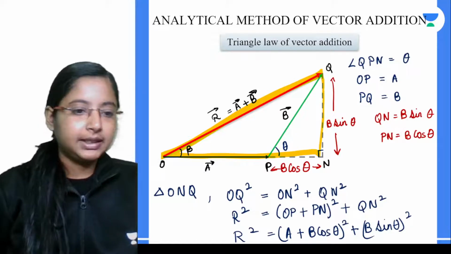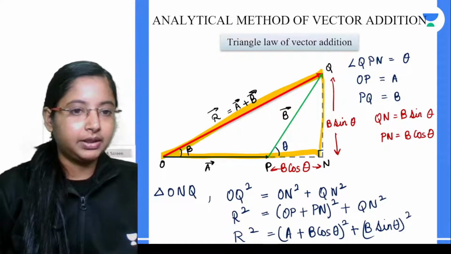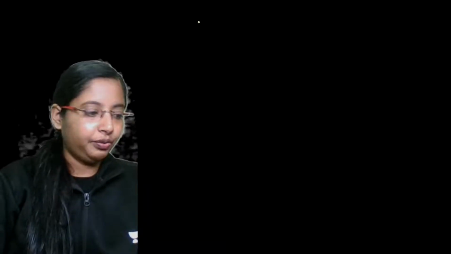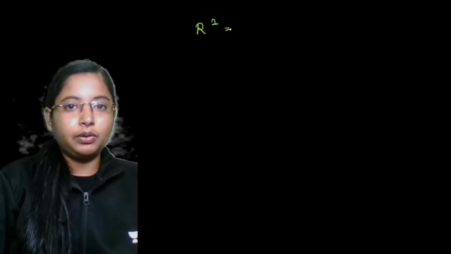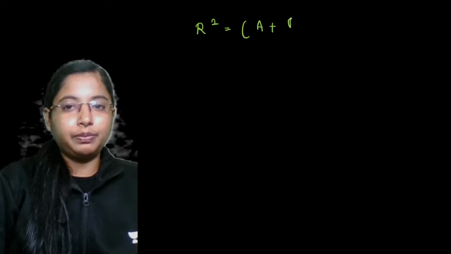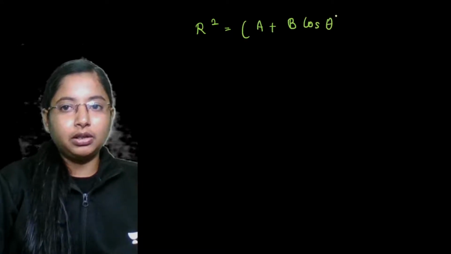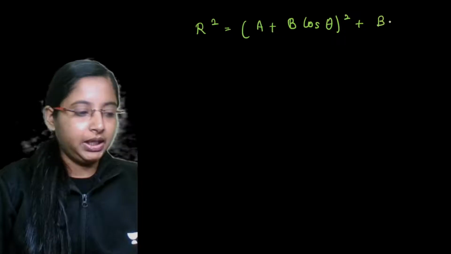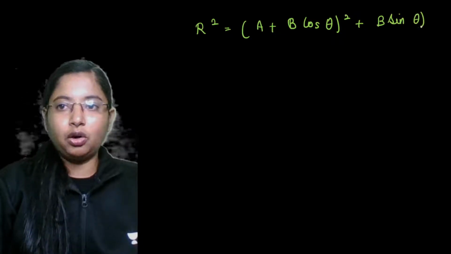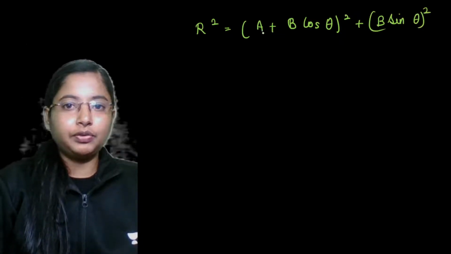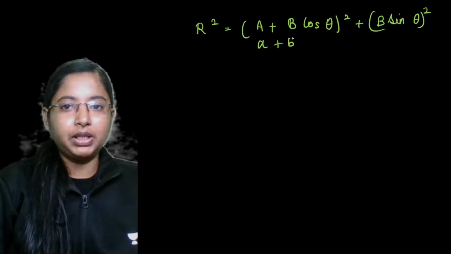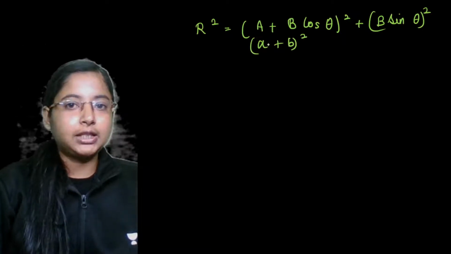So let's just solve this equation. Let me write it down separately. We saw R square is equal to A plus B cos theta the whole square plus B sin theta the whole square. Now this is of the form A plus B the whole square, so we can expand it.